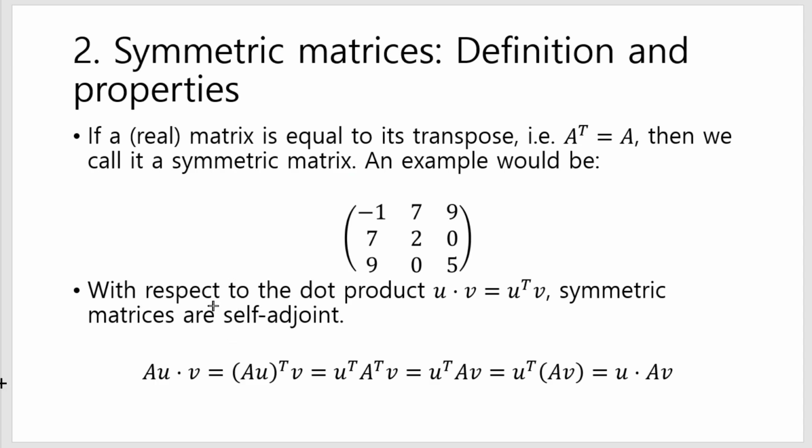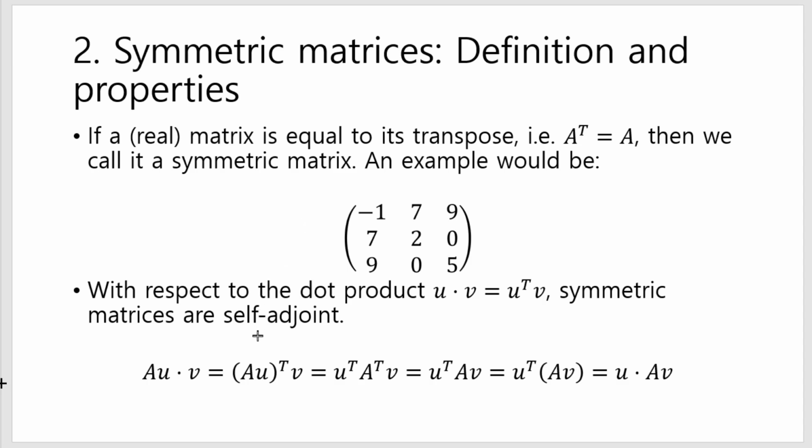Now, with respect to the dot product u dot v equals u transpose v, symmetric matrices are self-adjoint because, of course, we just learned that the adjoint of a matrix is its transpose, but it doesn't change. So these matrices have the property that their adjoint is the same as itself.